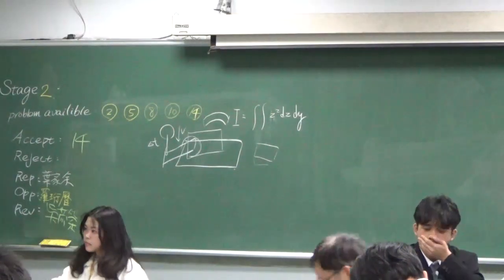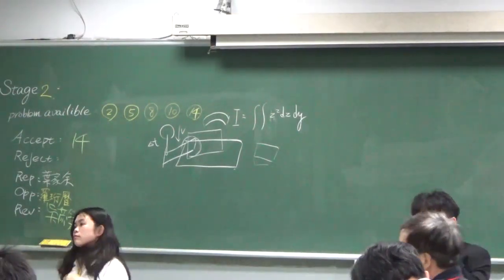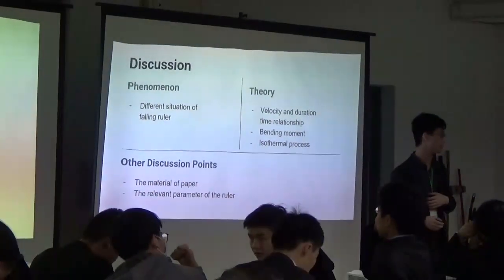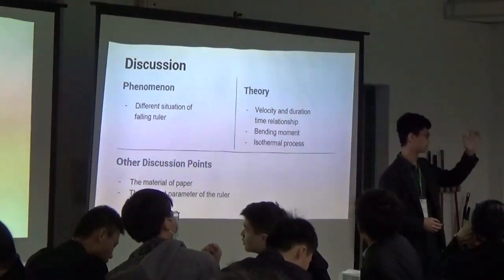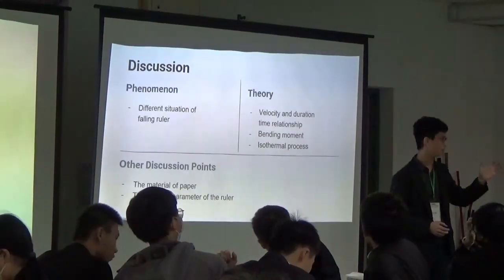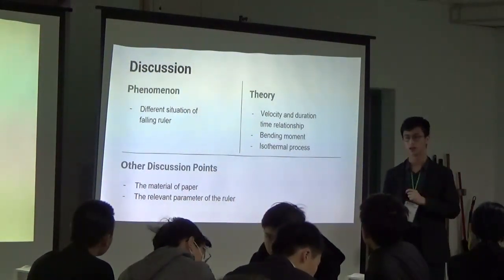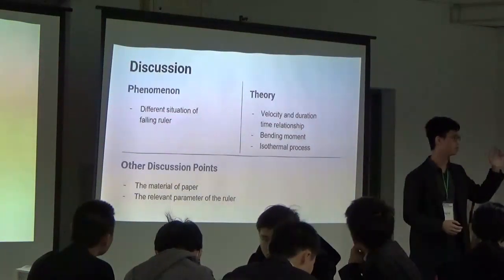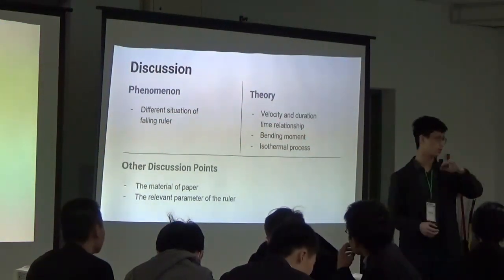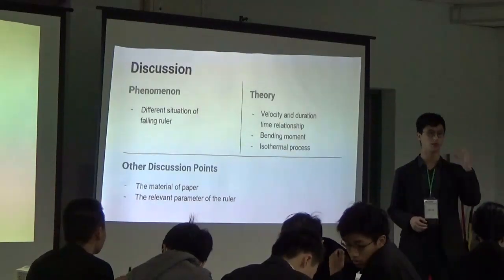It's up to you to summarize the discussion. So, in the discussion session, we first discussed different situations of pulling the ruler, especially sliding, and the probability of forming this phenomenon. I believe we also need to consider the friction between the ruler and the paper.